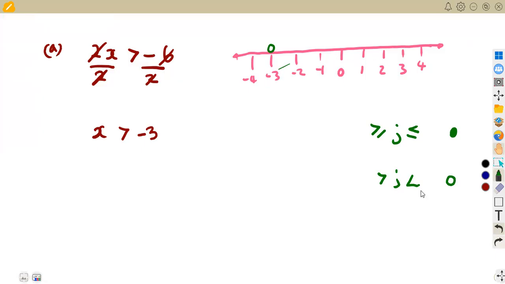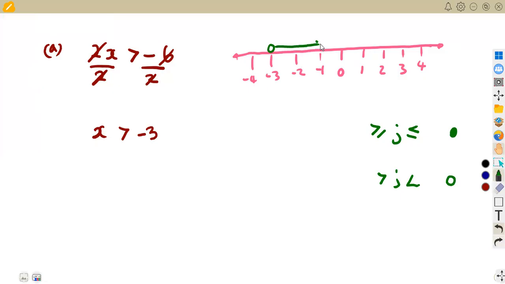Is -1 bigger than -3? Yes. Is 1 bigger than -3? Yes. Being closer to 0 when you're talking about negatives means bigger. As long as a number is positive, it's bigger than a negative number. So all these positive values are bigger than -3. So the answer that you want is taken in this direction.